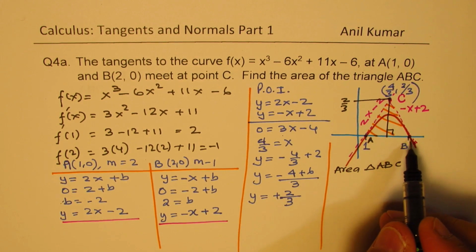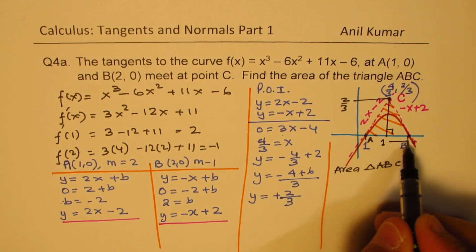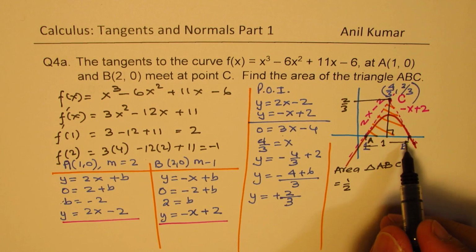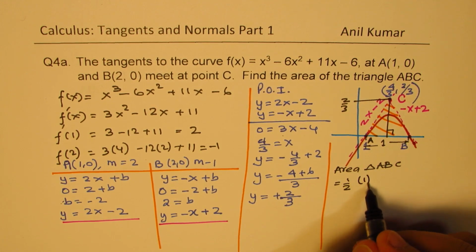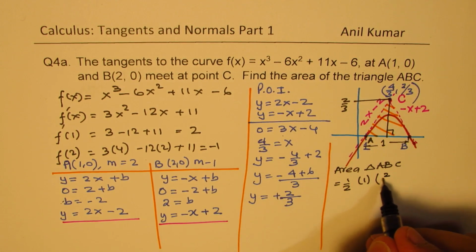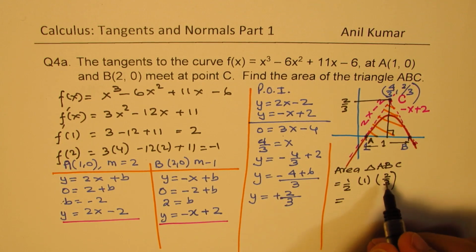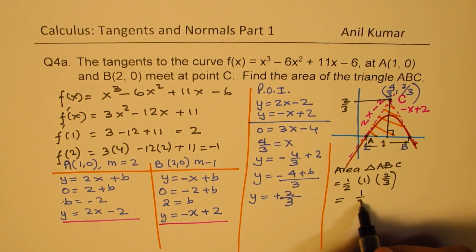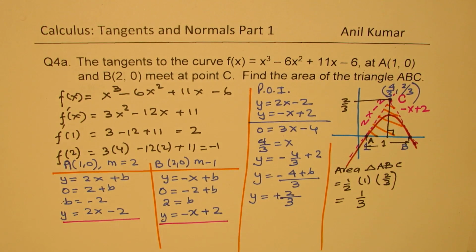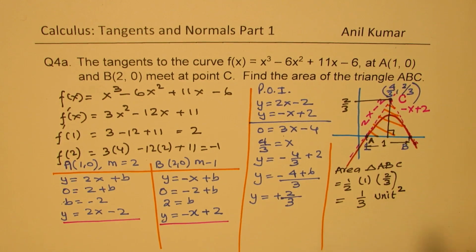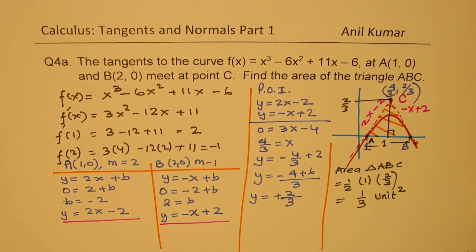And the base is 2 minus 1, which is 1, right? So in our case, it is half of 1 times 2 over 3, and that gives us a value of 2 to cancel, 1 over 3, right? So we always have to take the positive value. So we get 1 over 3 unit square as the area of this given triangle.